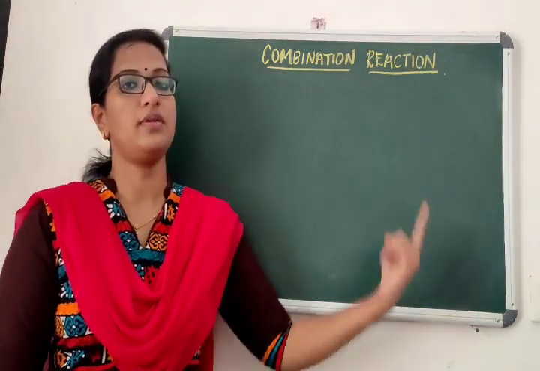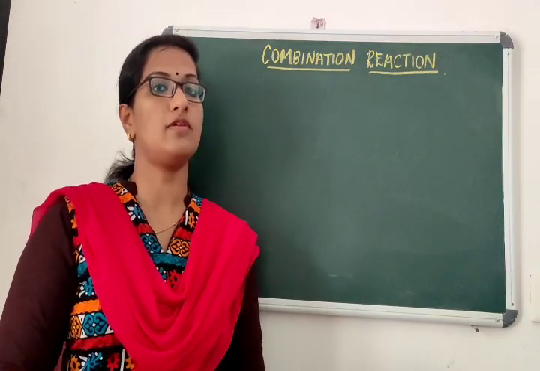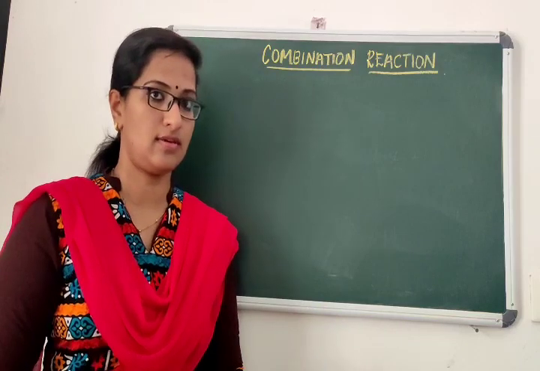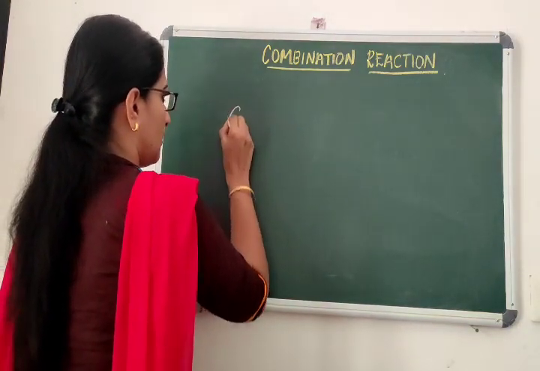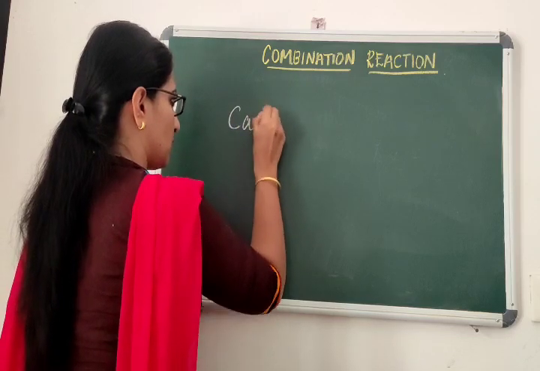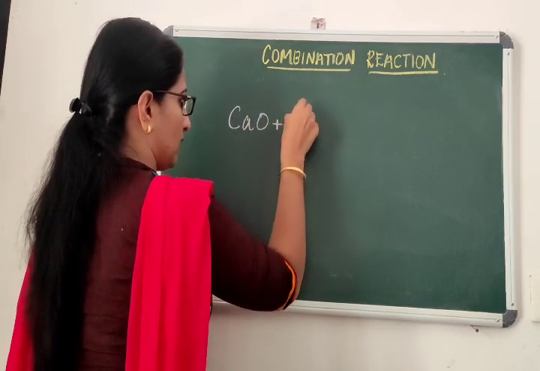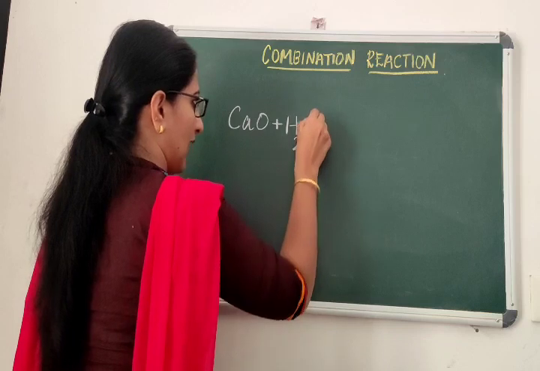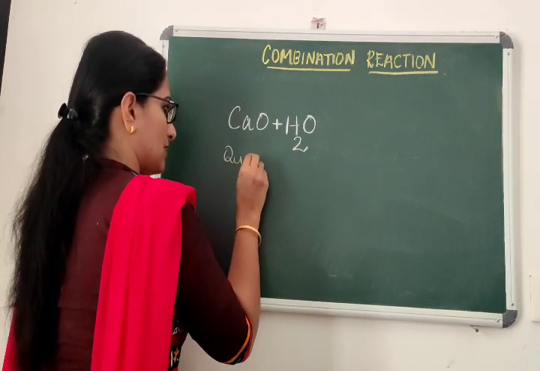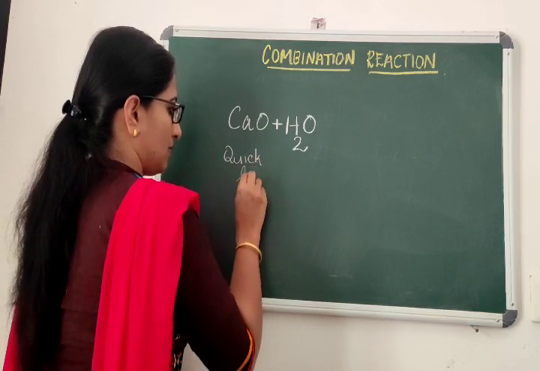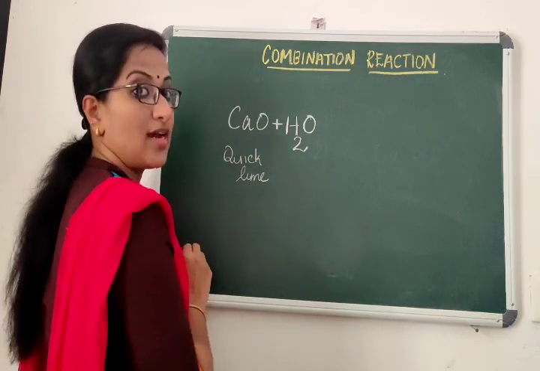Let's define the combination reaction in terms of an exothermic reaction. The same combination reactions can be expressed this way. What happens when calcium oxide combines with water? Calcium oxide is known as quicklime, which is used for whitewashing.